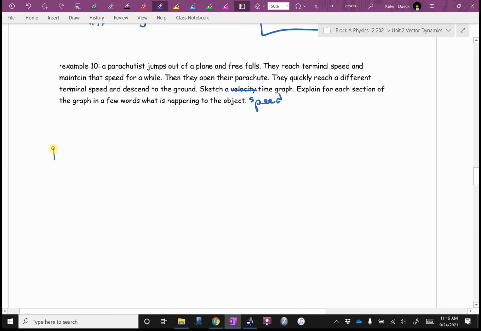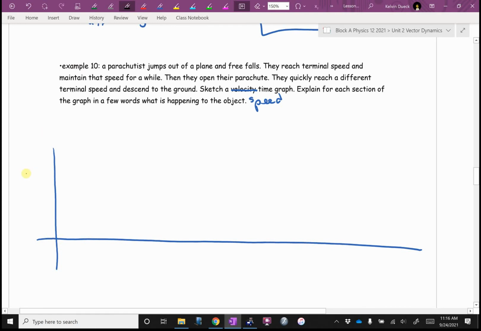This is going to be kind of a rough sketch. On the y-axis, I'm going to put speed, v. And on the x-axis, I'm going to put time, t. And really here, I'm talking about vertical speed.